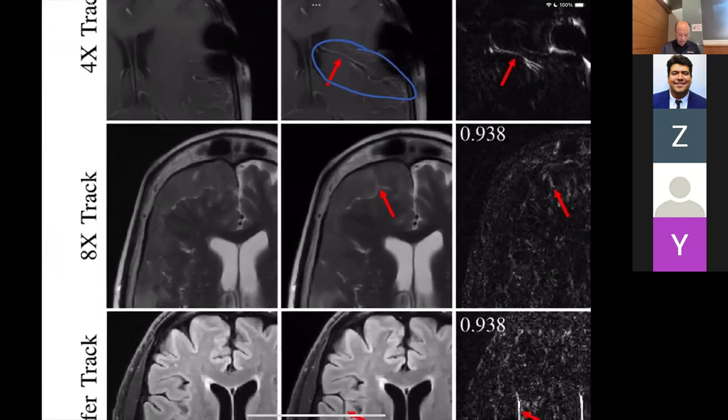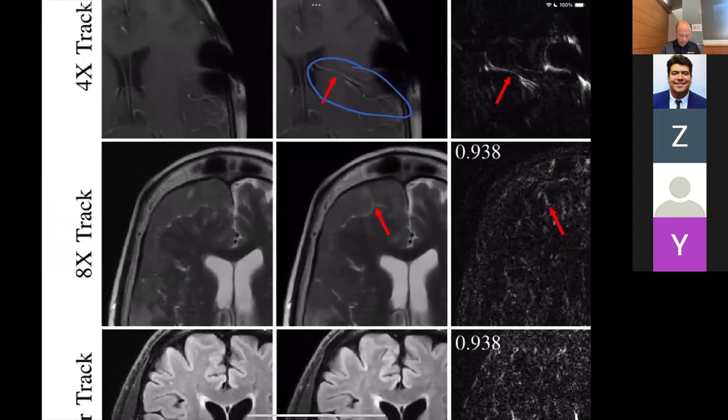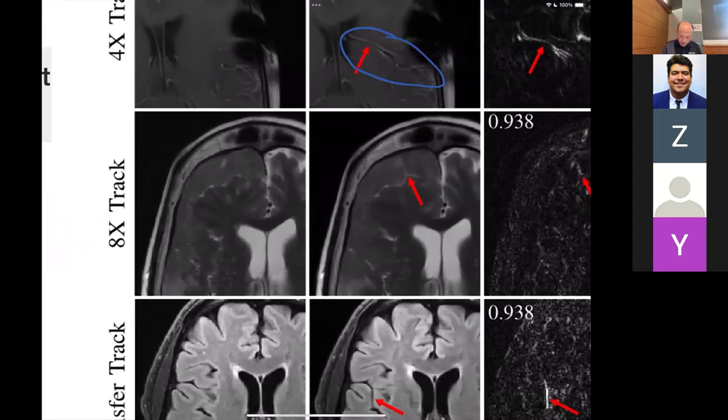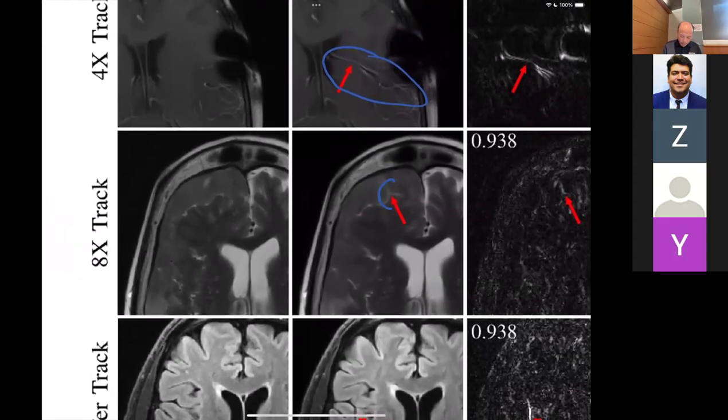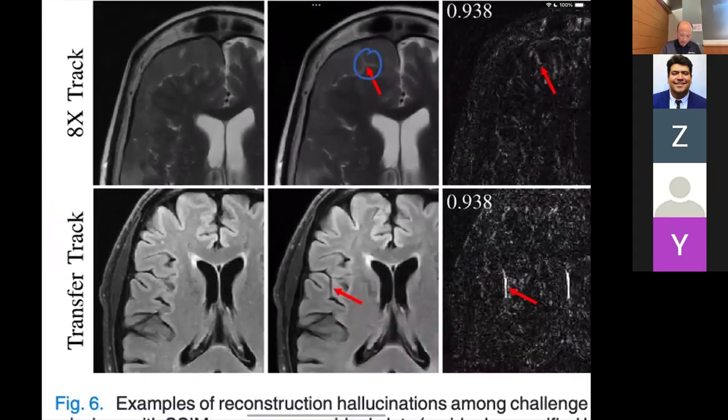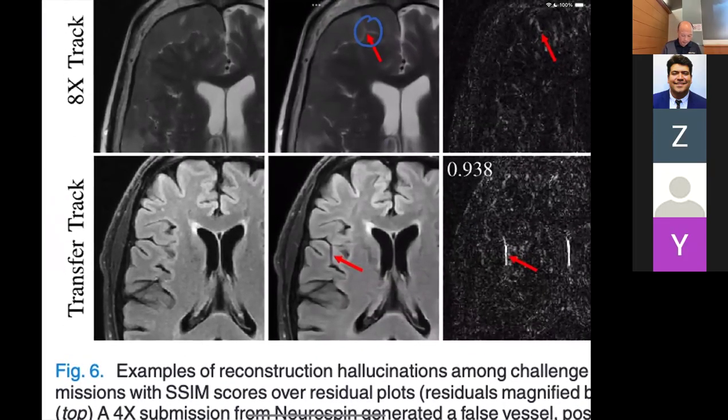Okay. Here in this case, you can see it injected this part here where nothing existed. And this was a really interesting example. See this thing here? It's not in the original image, right? And actually it looks a little weird. Having looked at a lot of brain images, I'm like, what?